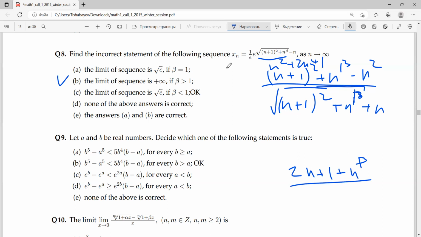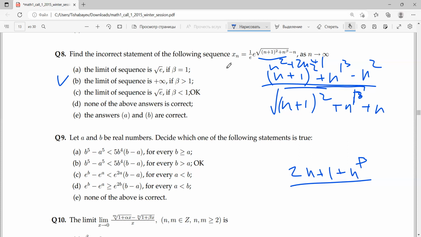If beta is 1, it will be 3n, and the denominator gives 2. So we get 3 over 2.